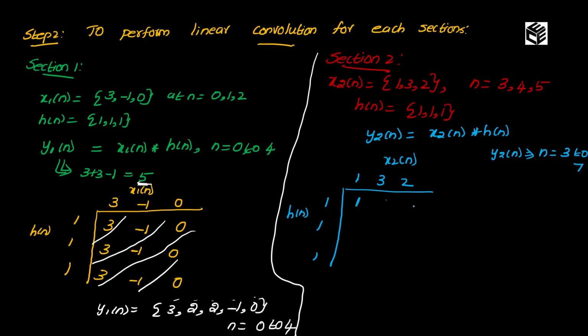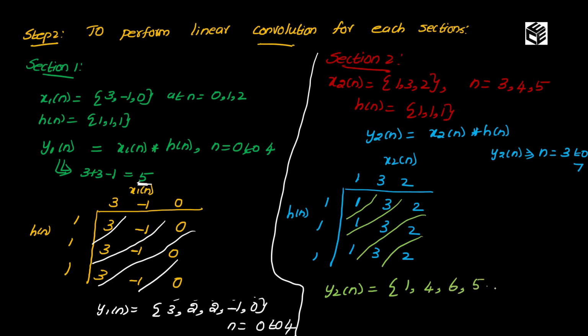I multiply, split this, and add the elements. So y2 of n is equal to 1, 4, 6, 5, 2, and the value of n is from 3 to 7.